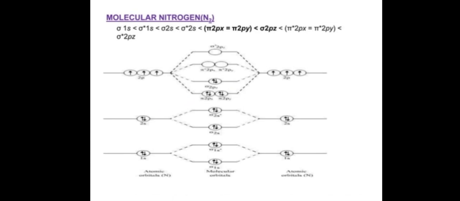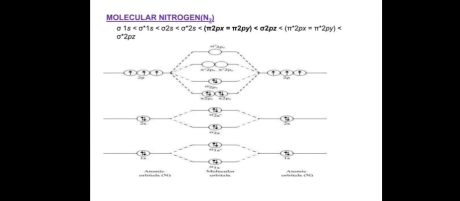In the next higher energy state, the 2s atomic orbital of one nitrogen atom combines with the 2s atomic orbital of the other nitrogen atom, giving rise to two new molecular orbitals, sigma 2s and sigma star 2s. And the 2px, 2py, 2pz orbitals of one nitrogen atom combine with the 2px, 2py, 2pz atomic orbitals of another nitrogen atom, giving a total of 3 bonding molecular orbitals and 3 anti-bonding molecular orbitals.